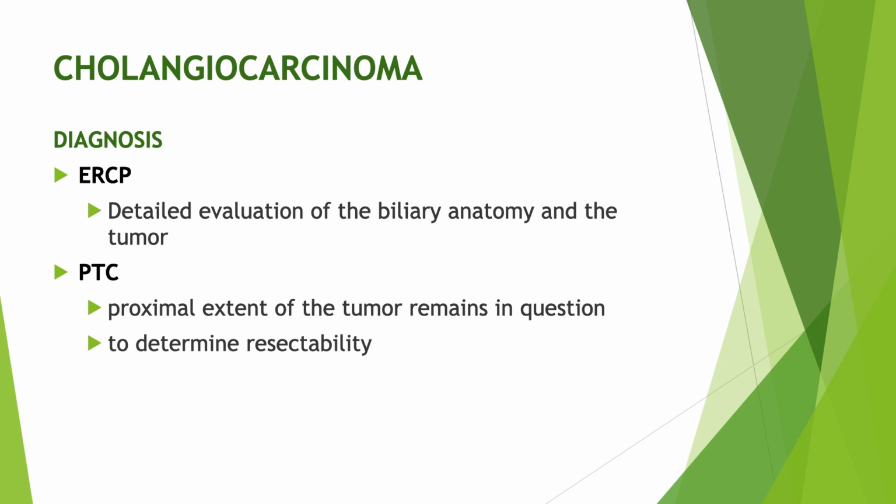Another way of diagnosis is by ERCP, which will reveal a detailed evaluation of the biliary anatomy and also the tumor. And then we have also PTC. This is done if the proximal extent of the tumor remains in question, and also to determine resectability of the tumor.